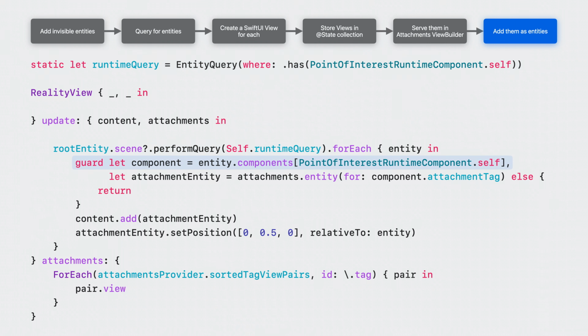We get that runtime component from each entity returned by the query. Then we use the component's attachment tag property to get our attachment entity from the attachment's parameter to the update closure. Now, we add our attachment entity to the content and position it half a meter above the point of interest entity. Let's run our app again and see what these look like.